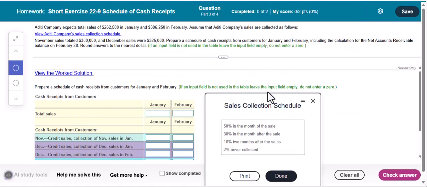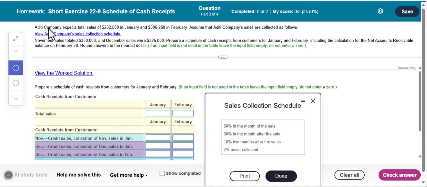So when we review the sales collection schedule, 50% of sales is collected in the month of the sale. Then a month later, 30% after that sale is made, and then 18% is collected 2 months after the sales, and then 2% is never collected. So let's start out by getting our total sales in, and that's given to us at the beginning of the problem.